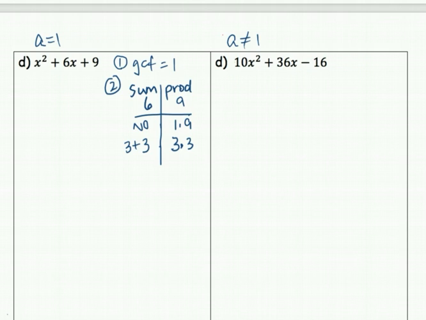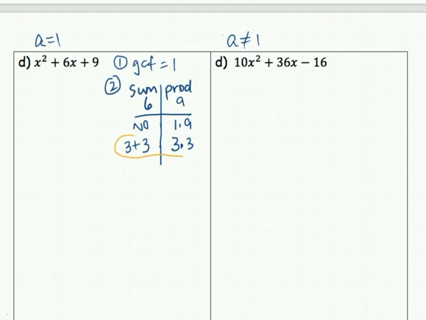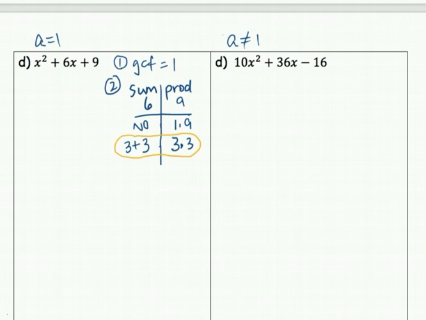Again, this is the simple trinomial, so you can use the shortcut method. My answers are right there, so I can simply write the factored form as x plus 3 and another x plus 3, and you're done. And go one more step and simplify it: x plus 3, squared.